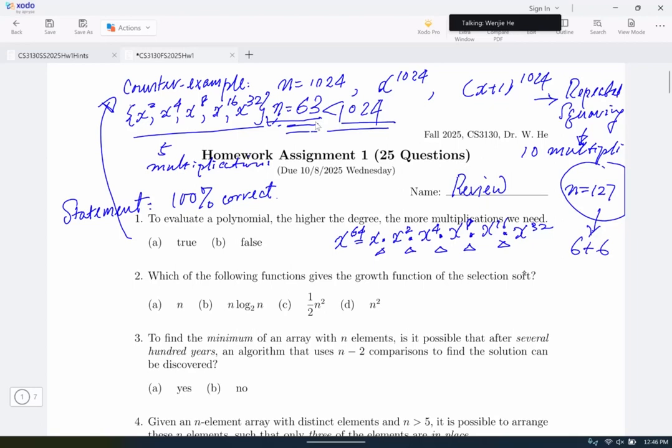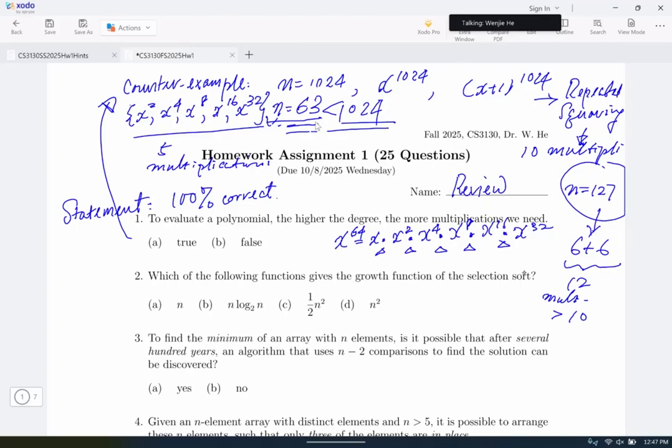Preparation step, you need 6 multiplications. Then you multiply all of them together, another 6 multiplications. So this way you get 12 multiplications. Greater than 10, right? 1,000 something, we need 10. But here, 127, we need 12. Which one is more, right?